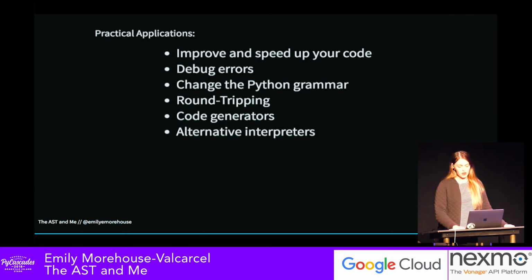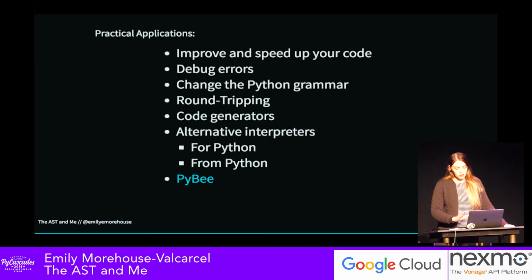Like I mentioned, there are also alternative interpreters from Python or to Python. One of my favorite projects that uses a lot of this information is called PyB. What PyB is going to do is take your Python code and transpile it into native Java or iOS code, whether that's Swift or Objective-C.